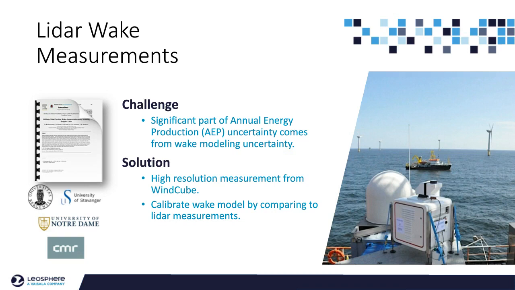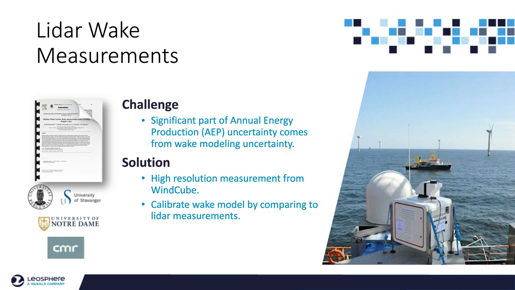So in this case, the user wants to have a better characterization of the velocity deficit, the wake length, and the wake centerline deviation. So the solution here is to use a high-resolution measurement from the scanning LiDAR and use the measurement from this system to calibrate the wake model.